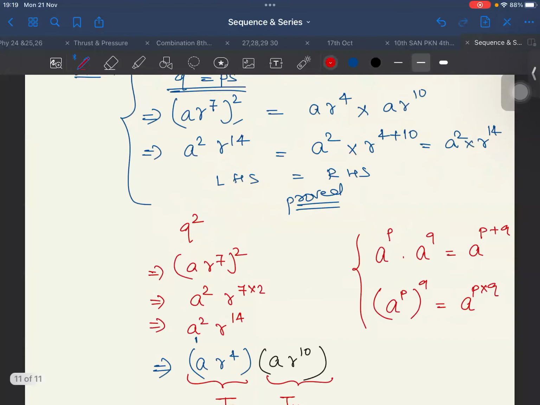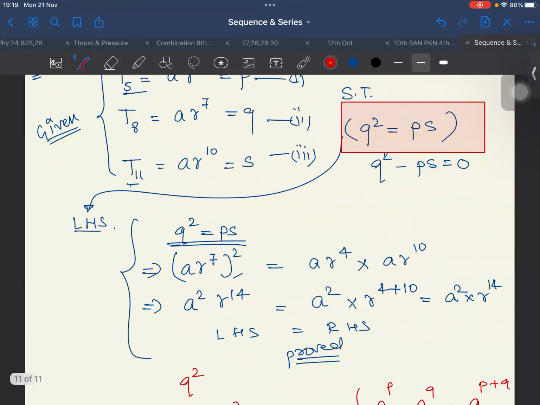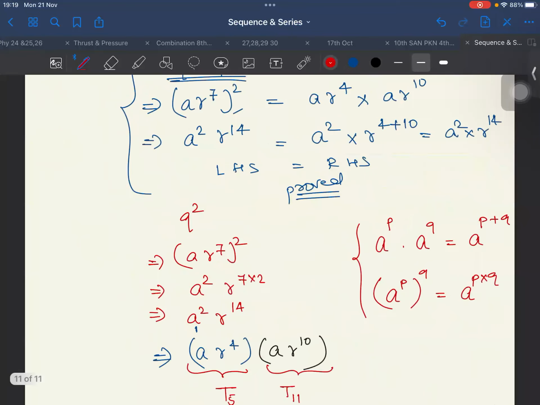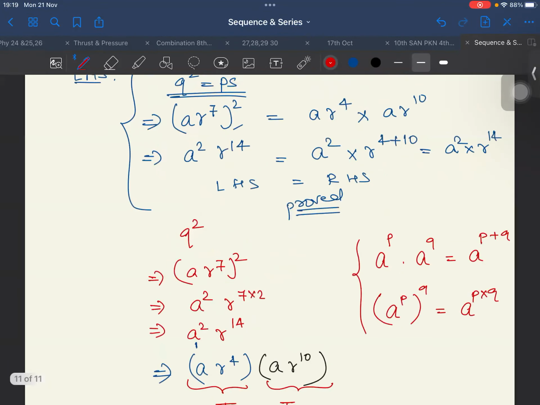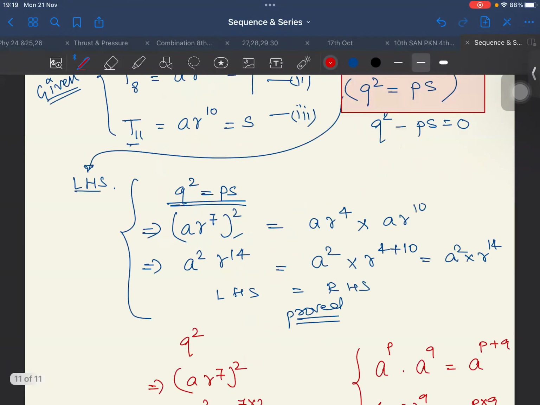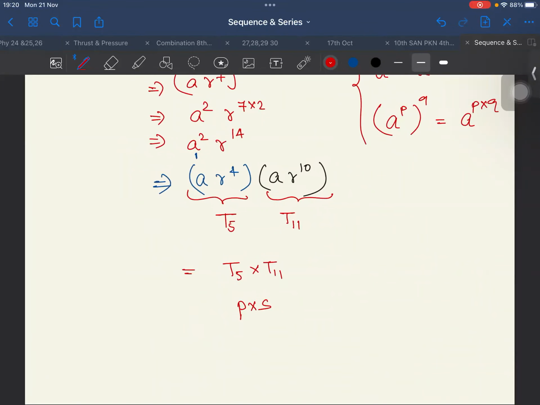Now from equation 1 and 3, what do you get? T5 is what? P and T11 is S. So that means P into S you are getting, right? So you started from left hand side and you proved that this is equal to right hand side. Got it? You can prove any way you want. It's not like there is only one way.